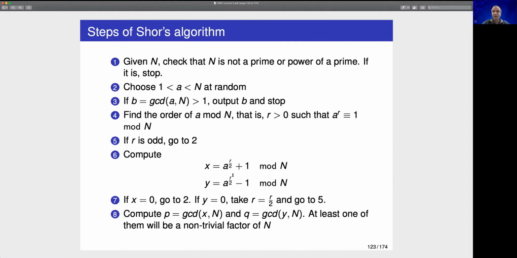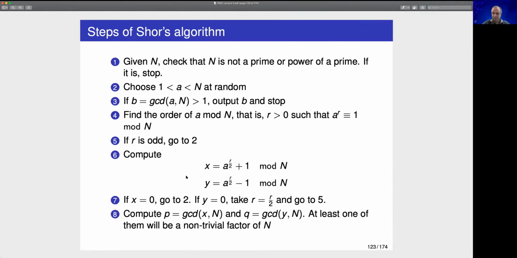If y is 0, it means that a to the power r divided by 2 also verifies this condition here, so we can try again with r divided by 2, and see if that is even, and then we check again x and y.